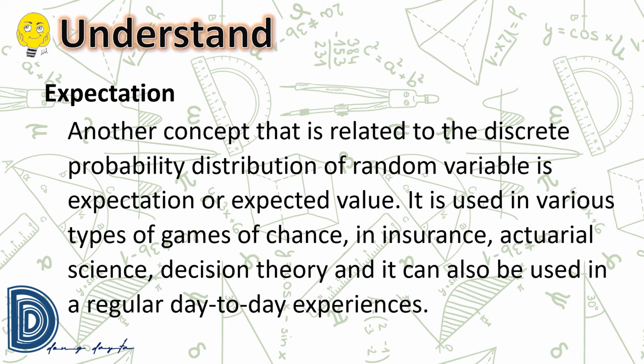Another concept that is related to the discrete probability distribution of a random variable is the expectation or expected value. It is used in various types of games of chance, in insurance, actuarial science, decision theory, and it can also be used in regular day-to-day experiences.